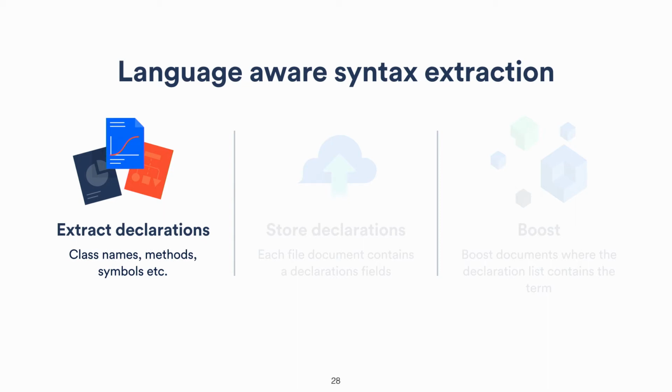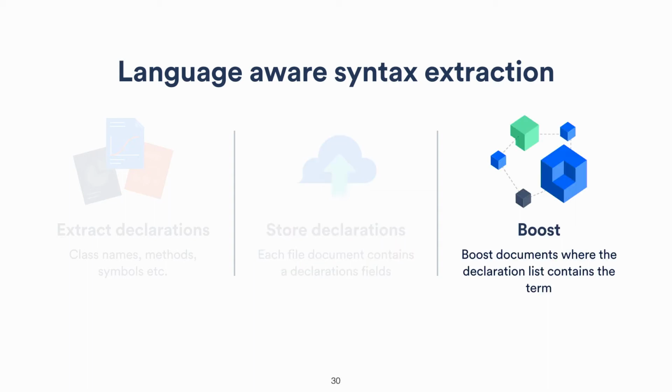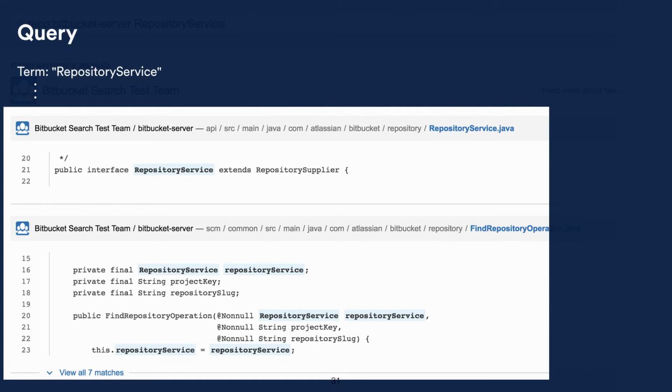That means things like class names, type names, methods, symbols, etc. We then add those declarations to the document that represents that file, and at query time, we boost those documents that contain that term in their declaration list, which leads to the following result. So now my top result is that repository service interface that I was looking for, even though it only mentions that term once. So this is a great improvement on search quality for the code search use case.